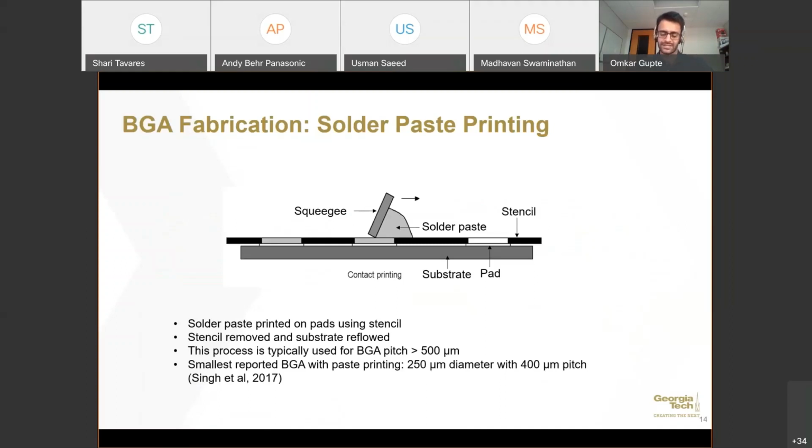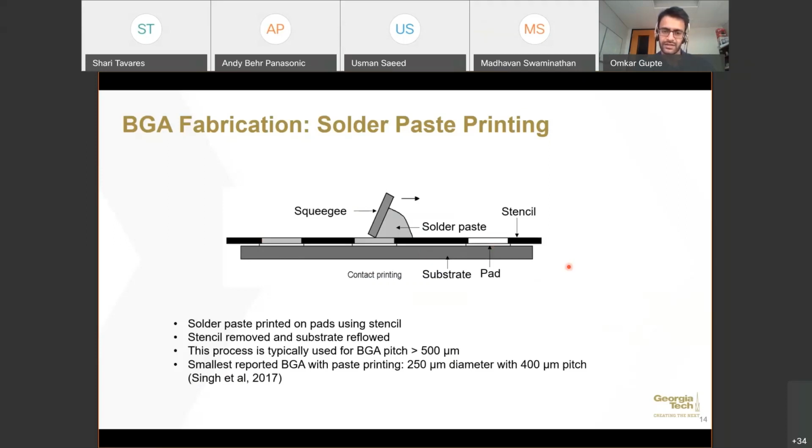So once the pad design and solder mask design is finalized, we next come to the BGA manufacturing process. Solder paste printing is a very common method of fabricating this BGA. This process entails a metal stencil designed to mimic the pattern of the pads on the package.